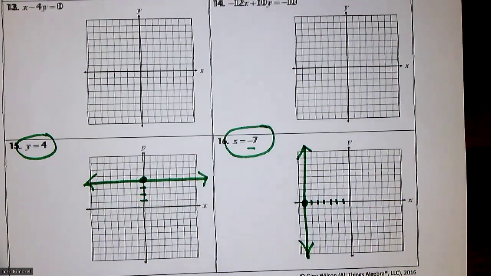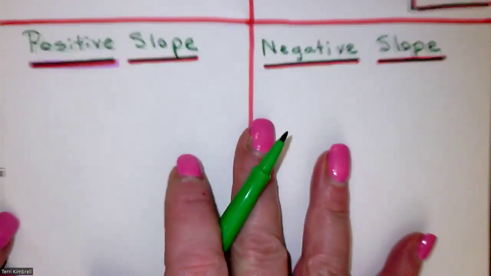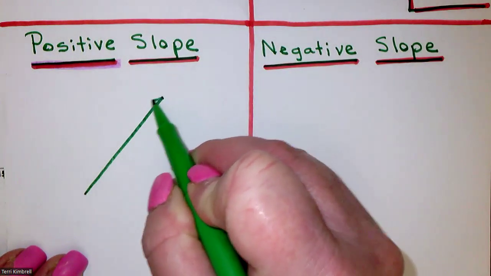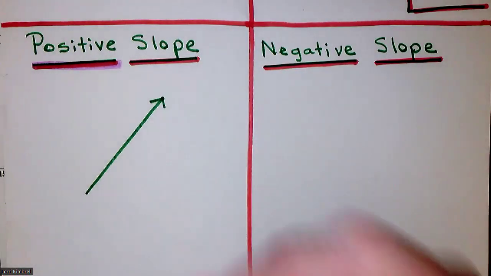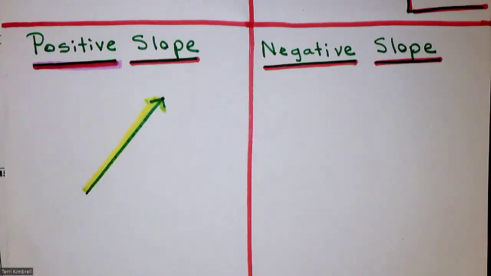Now, the whole entire sheet after 15 and 16 have 2 letters in them. So we're going to go back to our chart and take a look at those 2 cases. So first of all, looking at positive slope lines, you know that those need to be increasing. So you need to make sure the line is going up from left to right.